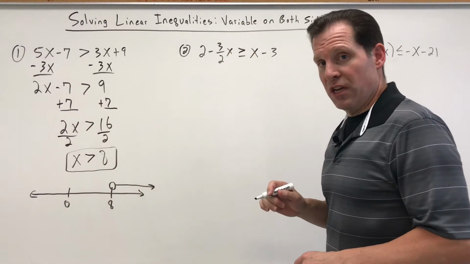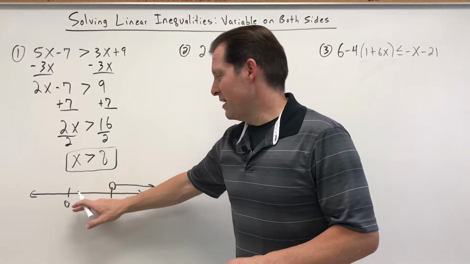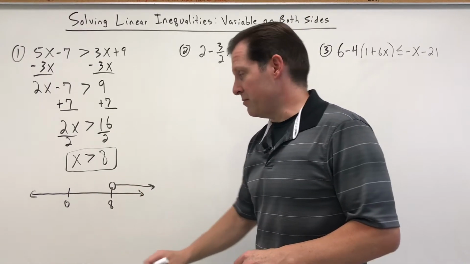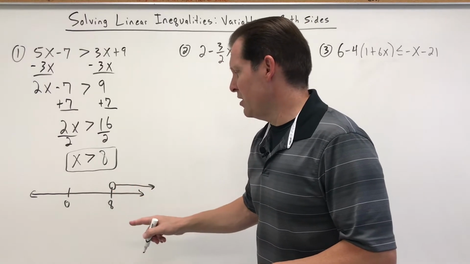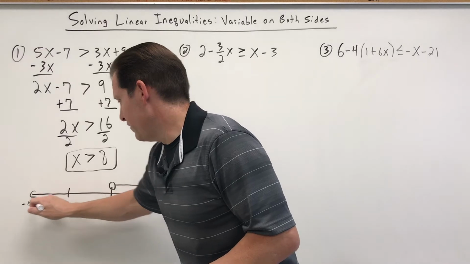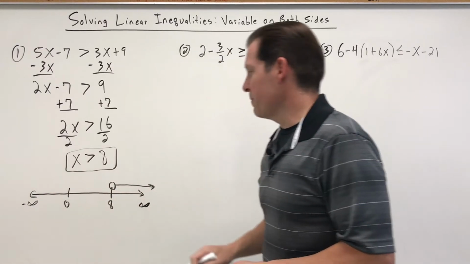Then for interval notation, remember, you're basically just taking the number line and transferring it into interval notation. With interval notation, it starts all the way on the left. I forgot to put my little negative infinity and infinity there.